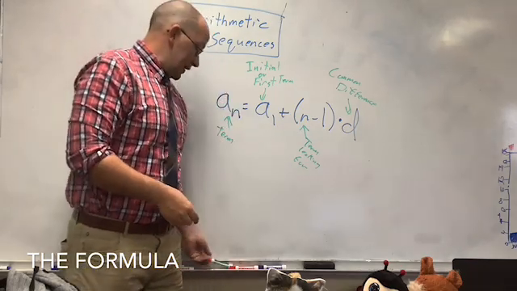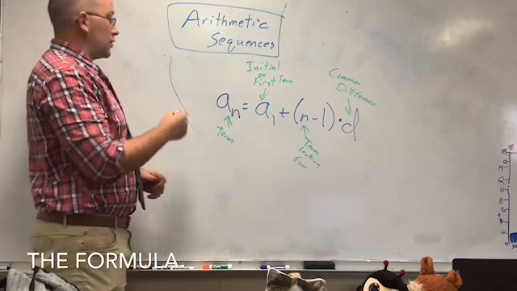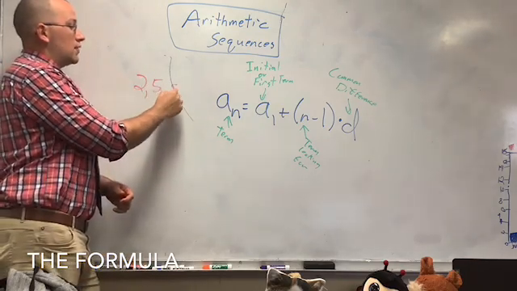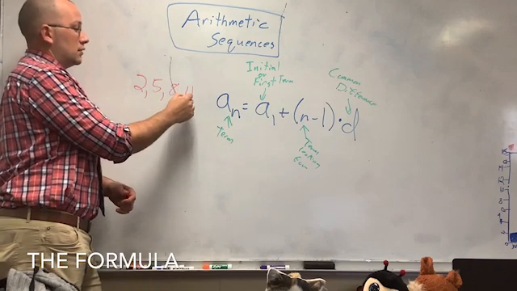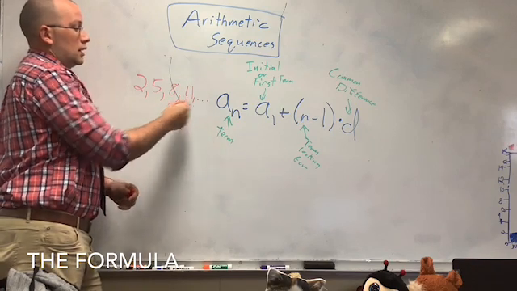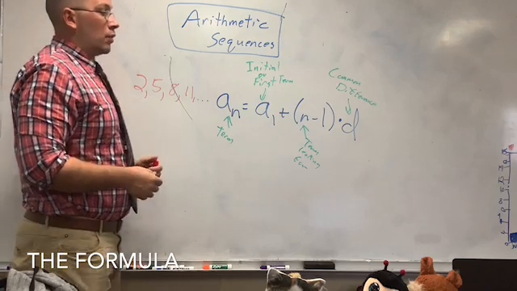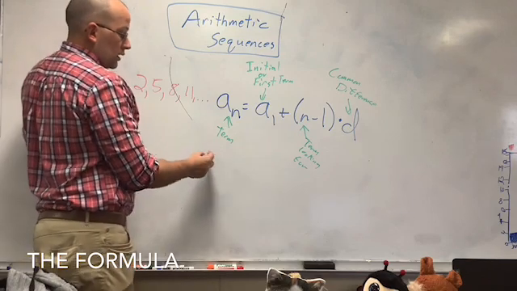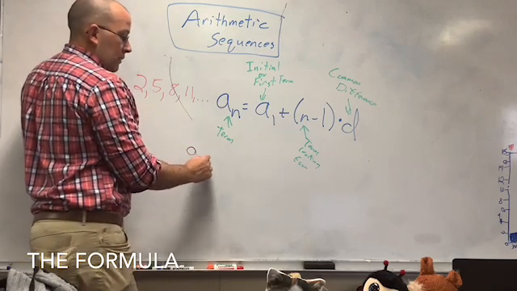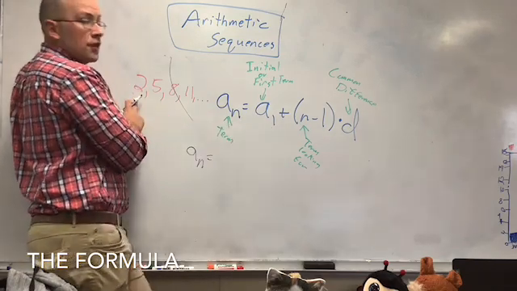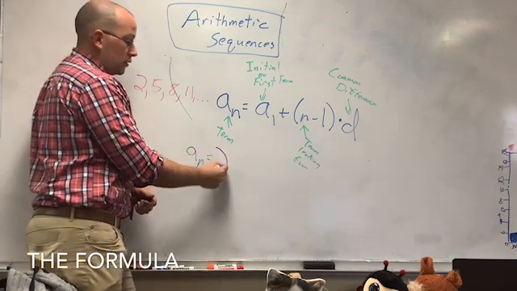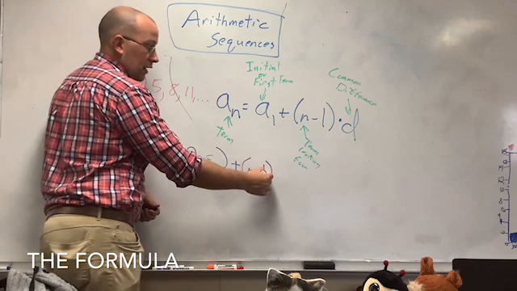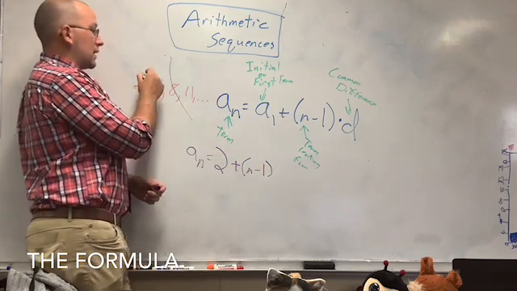So for an example, if I gave you the sequence 2, 5, 8, 11. All right, and I wanted to just fill this out. So my A1 is my very first one, which in this case is the 2, plus, I'm not looking for a specific term right now, times, what is my common difference?